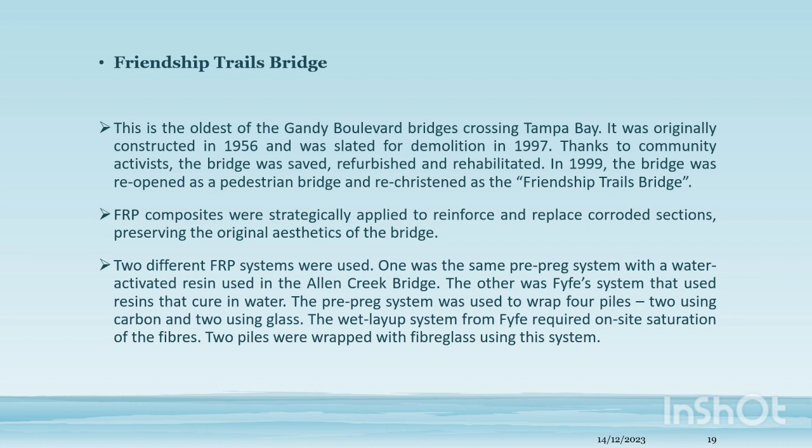Two different FRP systems were used. One was the same pre-preg system with a water-activated resin used in the Allen Creek Bridge. The other was a wet layup system that used resin that cures in water. The pre-preg system was used to wrap 4 piles, 2 using carbon and 2 using glass.